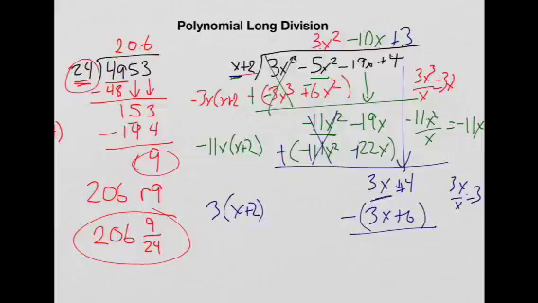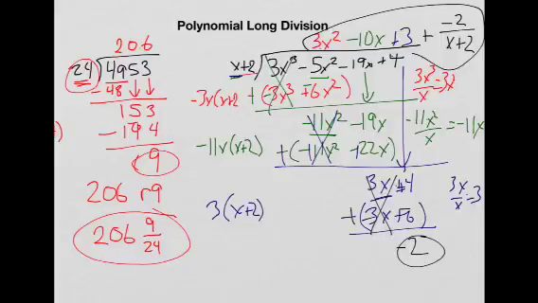Now we're going to come along here. Once again, we're going to add the opposite. So the x's cancel out, I have 4 minus 6 is a negative 2. That's my remainder. I'm going to write this as a fraction. So I'm going to say this is plus a negative 2 over x plus 2. And that's my answer.